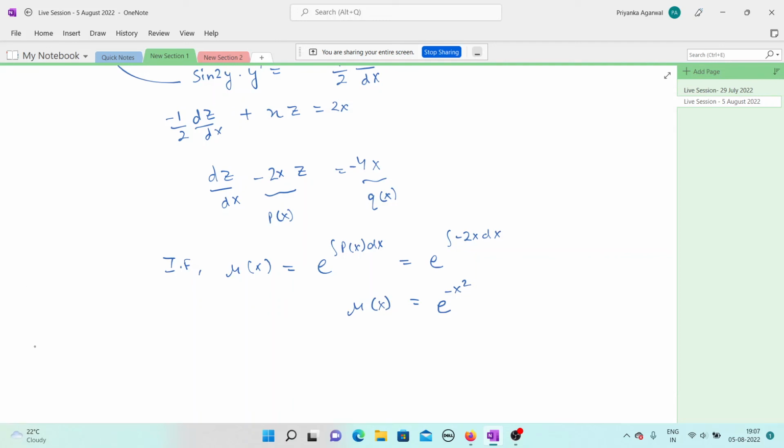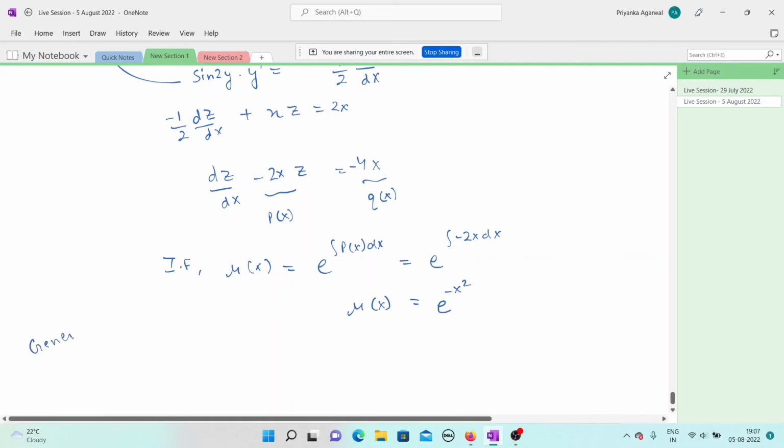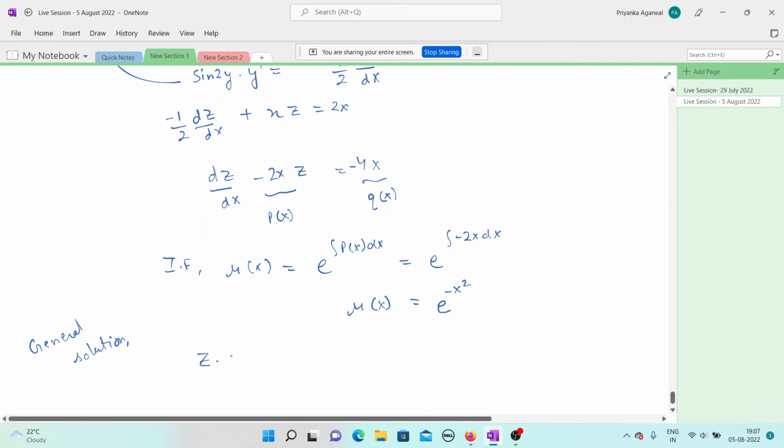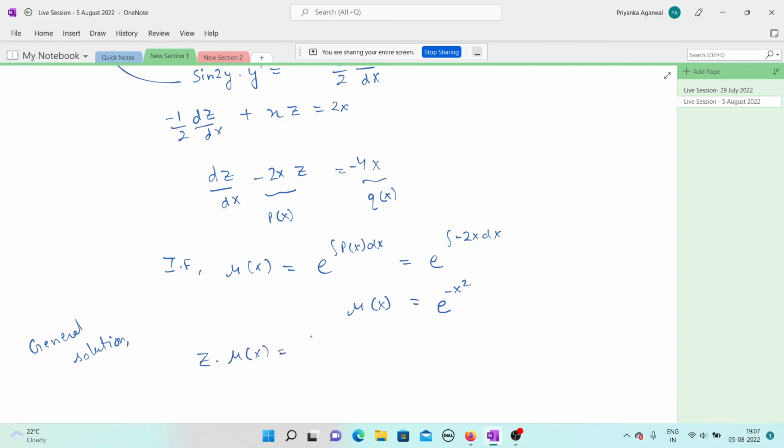So now the general solution can be written as z into mu(x) equals integral of minus 4x into mu(x) dx plus a constant.